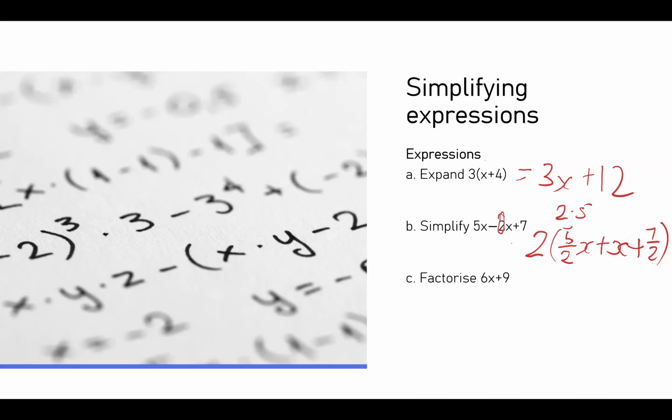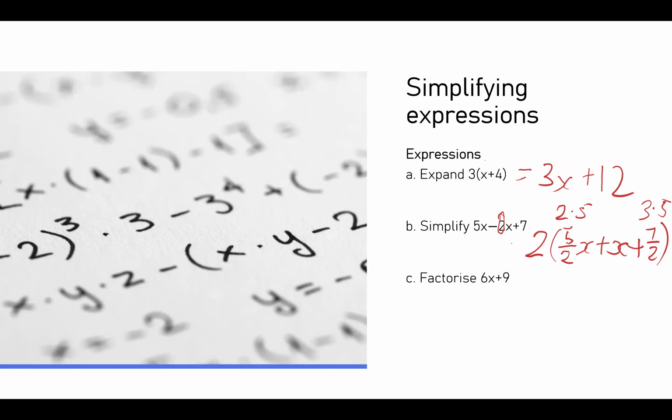And 2 divided by 2 becomes 1, so 1x or x. And then 7 divided by 2 is 7 over 2, which is 3.5. So that's a simplified version of this.